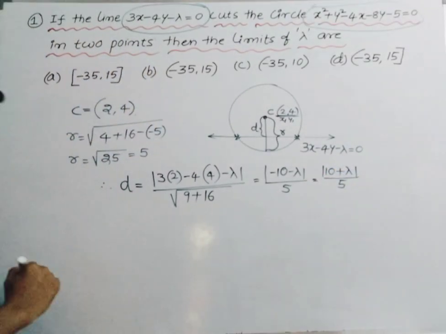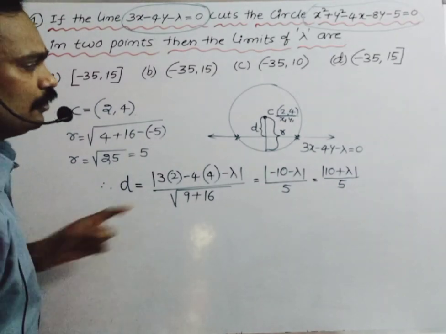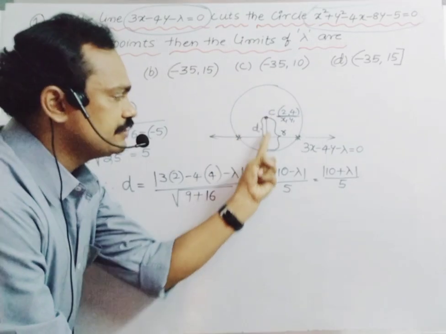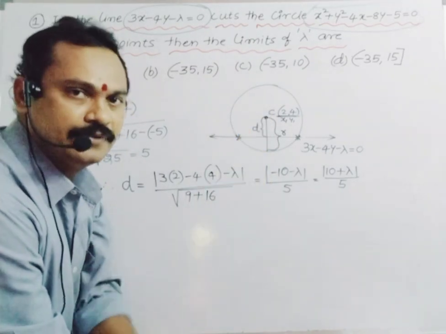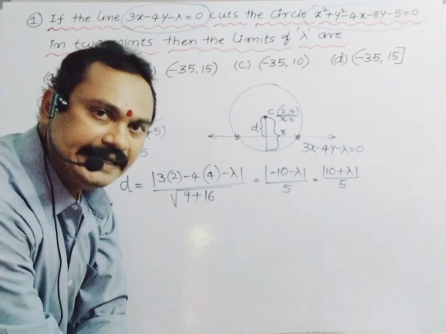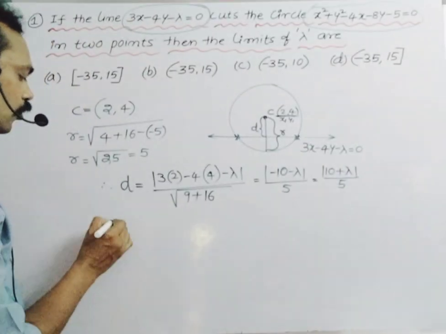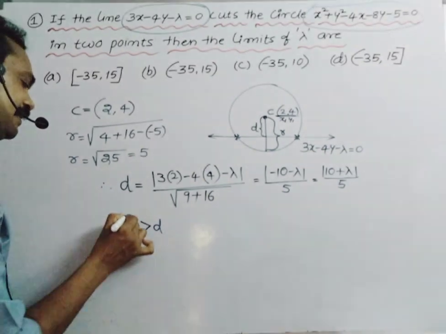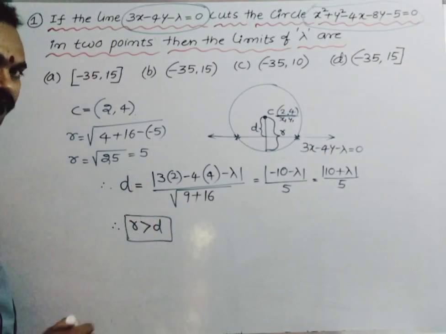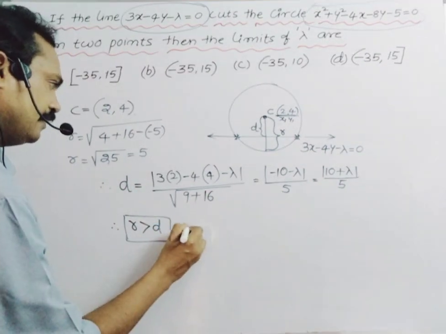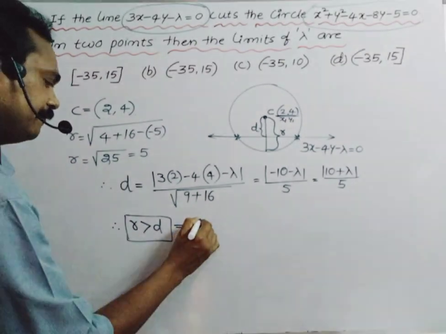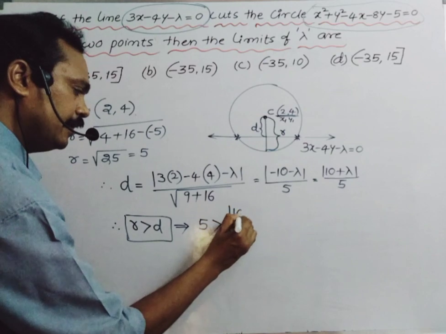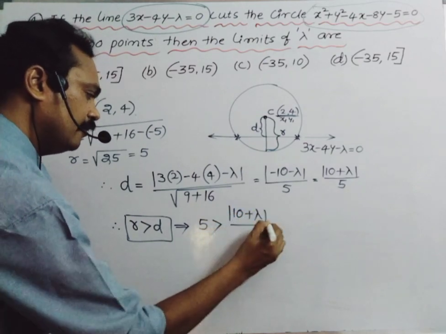This is D. If you observe this diagram, what is the relationship between the radius of the circle and D? R is more than D. From this, we can get the limiting values of lambda. Observe carefully. R is 5, greater than D, which is modulus of 10 plus lambda by 5.